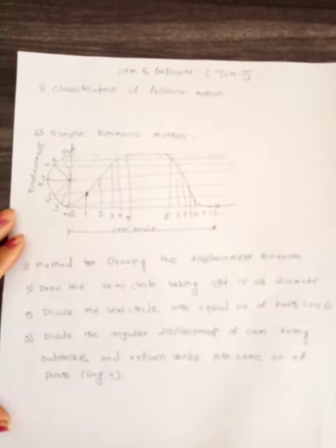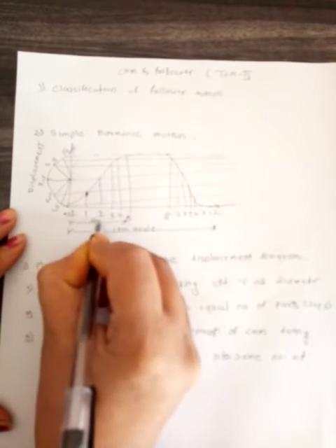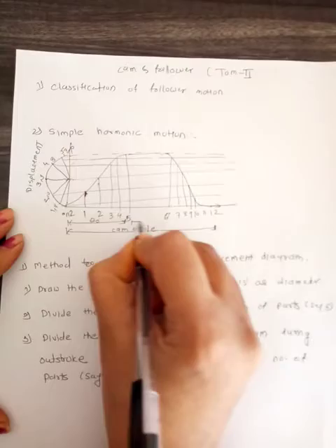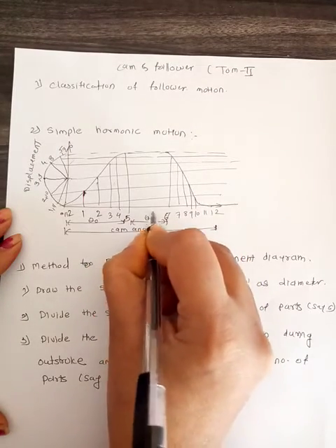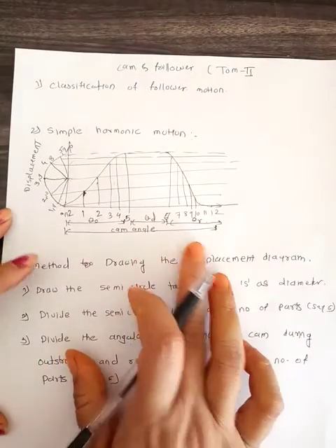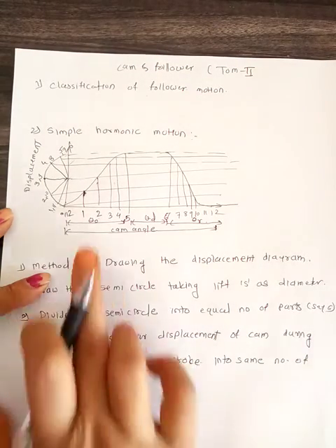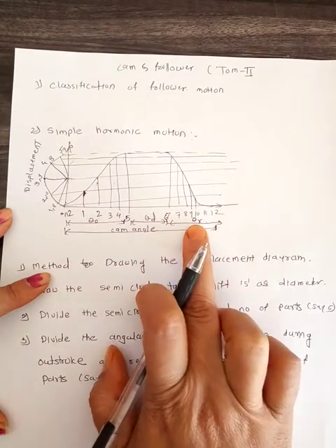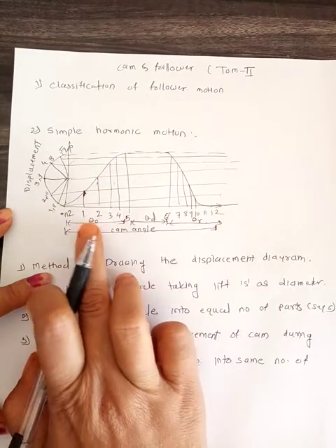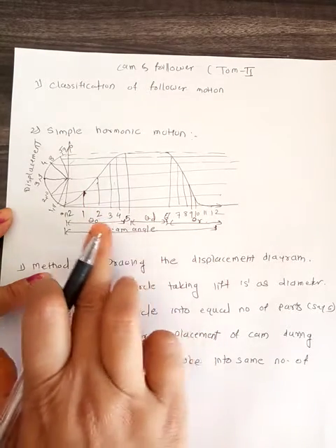This is the outstroke part, this is the intermediate part, and this is the return stroke. Each is divided into the same equal number of parts, say 6 parts.